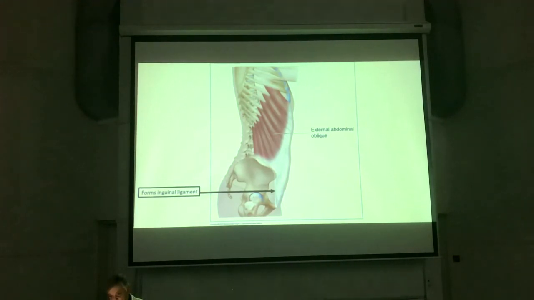The diagram is showing that the external oblique takes origin from ribs, then from the iliac crest.